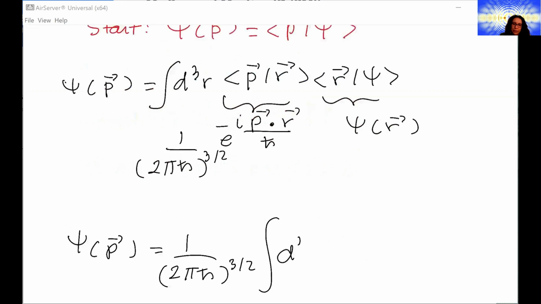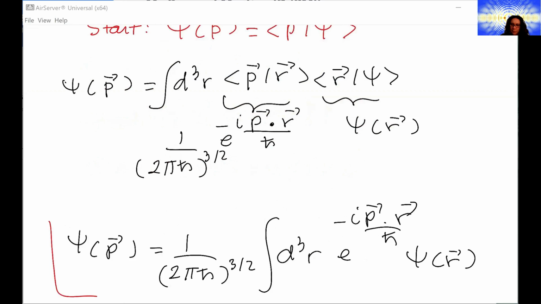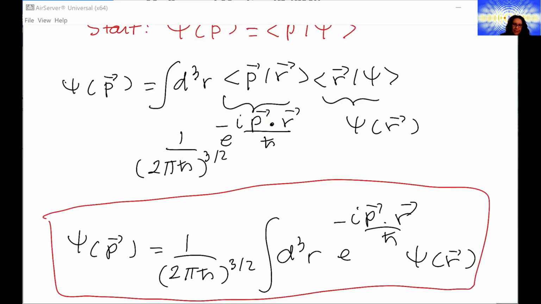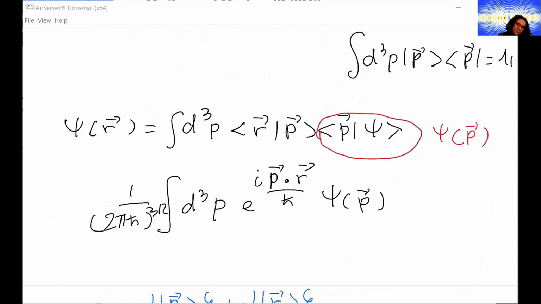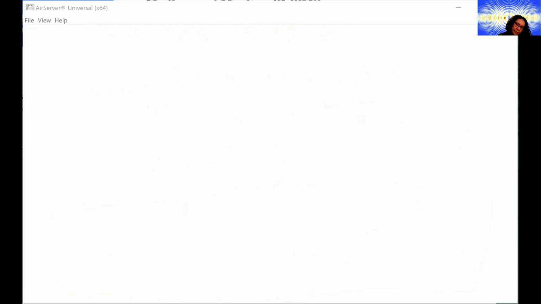Okay, so one thing that you see if you look at this expression and this expression here is that one is the Fourier transform of the other.